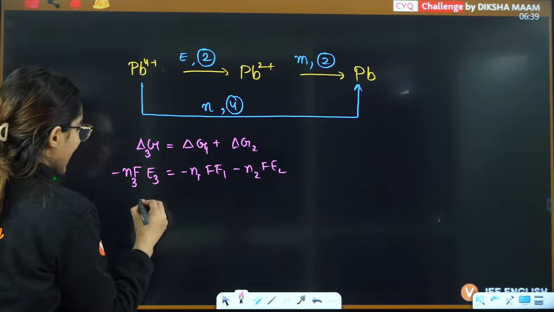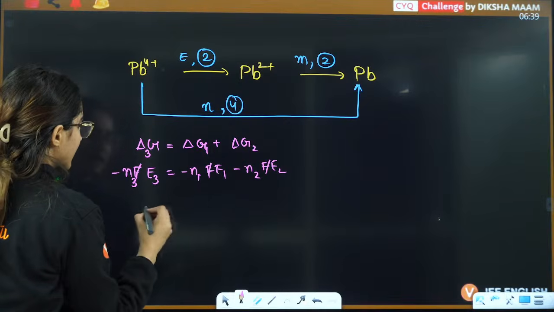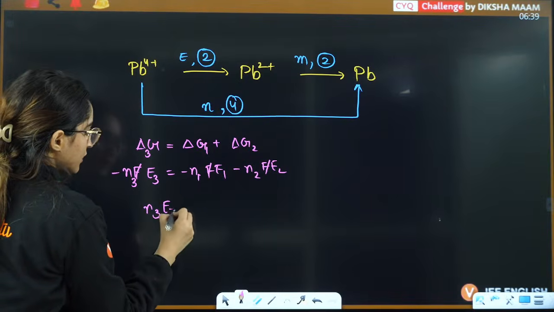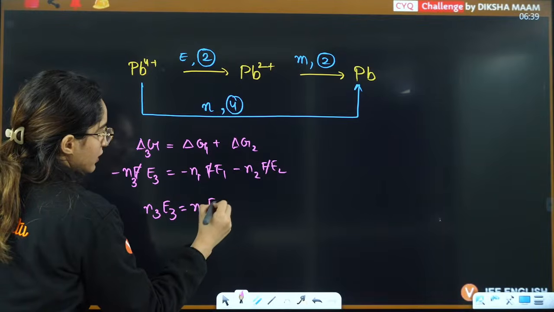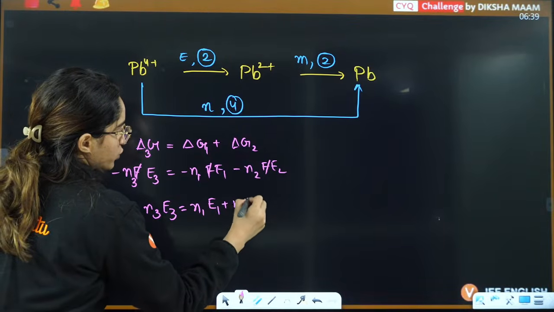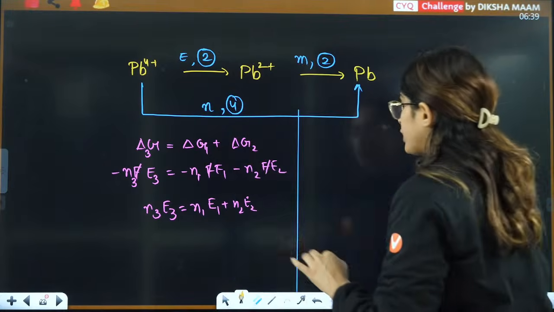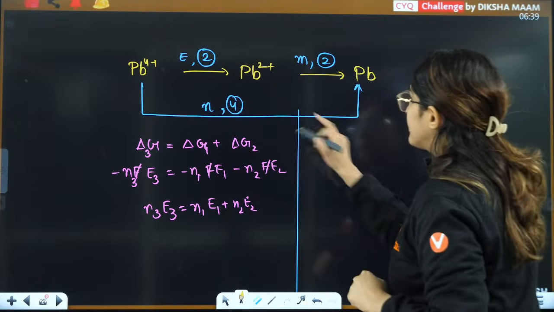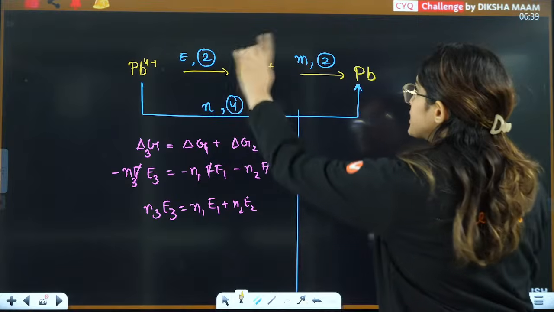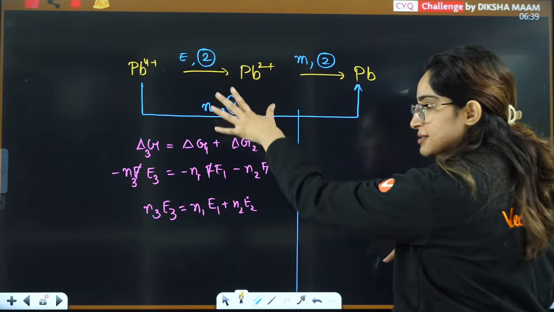You can cancel Faraday and the negative. This will be n3 E3 equals n1 E1 plus n2 E2. Then just solve this value. What is n3? For the third it is 4, this is 2, and this is 2. That is the case, okay?